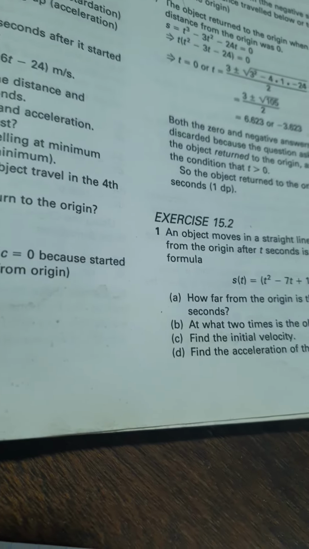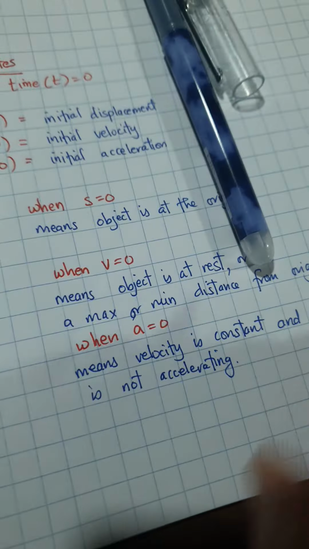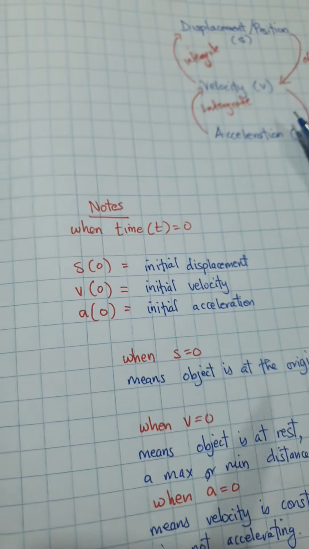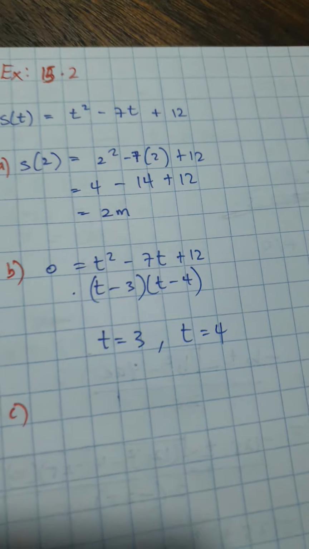For C, find the initial velocity. Side note: if we want the initial velocity, this is when time is 0. The formula for velocity is very easy.